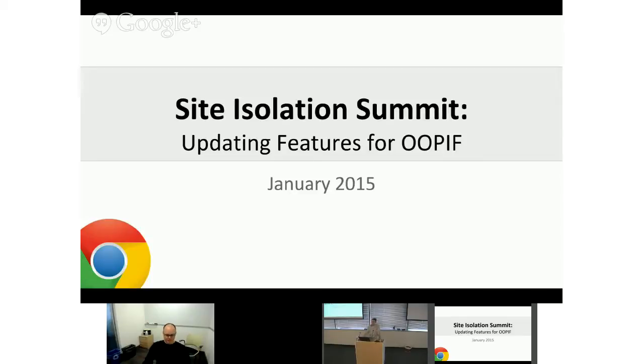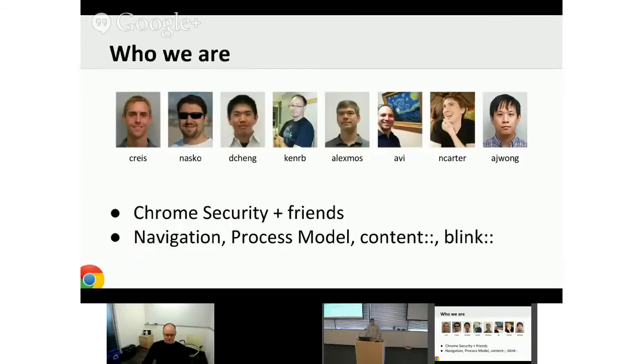And we've gotten far enough along in the implementation of this that we now need all of your help to update other features in Chrome to work with the fact that not all frames will live in the same process anymore.